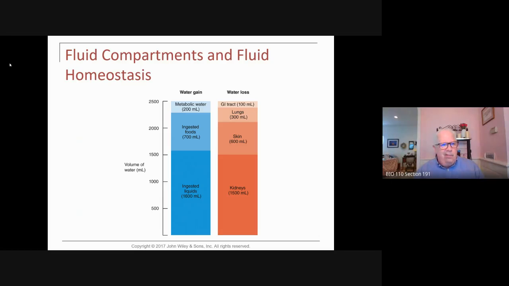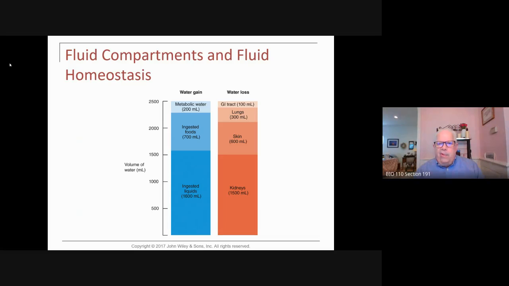It can be Coca-Cola, ginger ale, a beer. It's still ingested liquids. So the majority of water gain is through the liquids that you ingest. You also get water from the foods that you eat, okay?